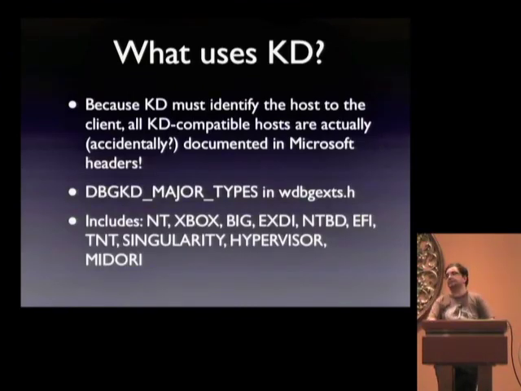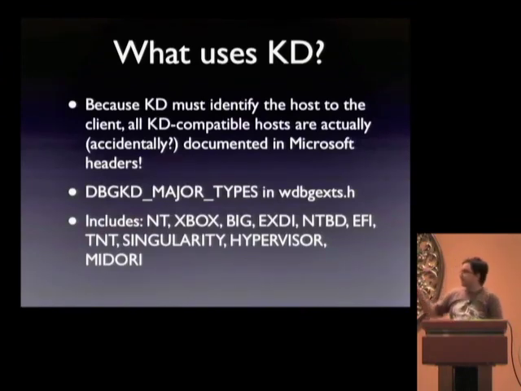Singularity, that's the .NET-based operating system Microsoft is working on that some people think will replace Windows. Hyper-V, this is not public, but internally they know how to debug the hypervisor itself with WinDbg. And recently, it's not documented, but I tried fuzzing the command. I made up a virtual host and told WinDbg, this is who I am.